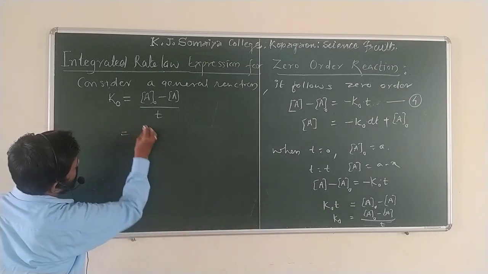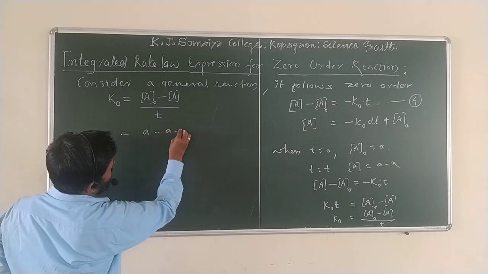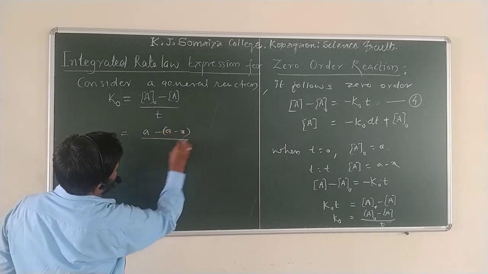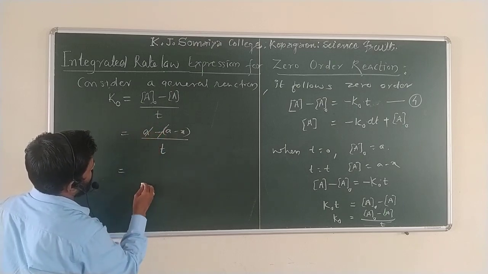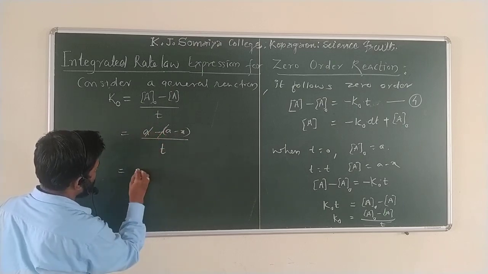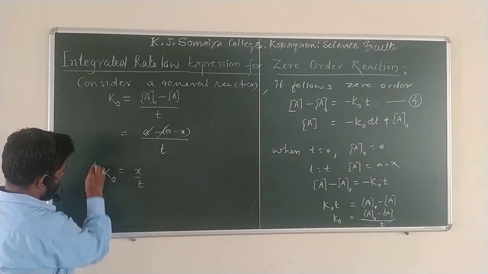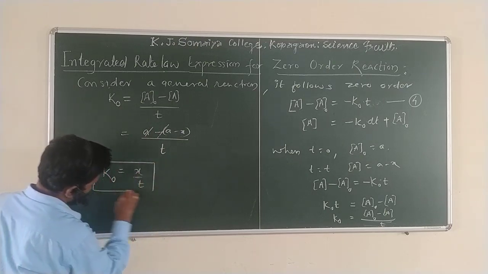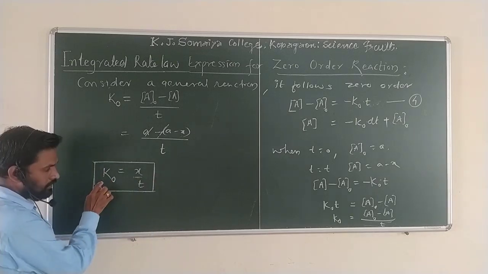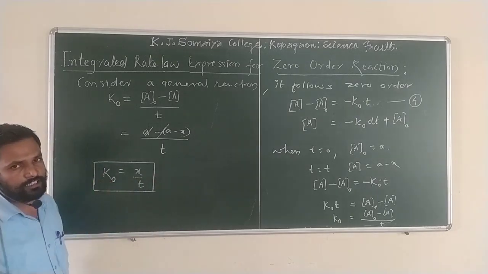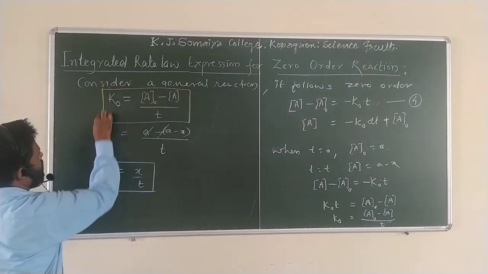So you get A minus (A minus x) upon t. The A cancels, and minus into minus gives plus, so x upon t. This is also the rate constant for a zero order reaction.